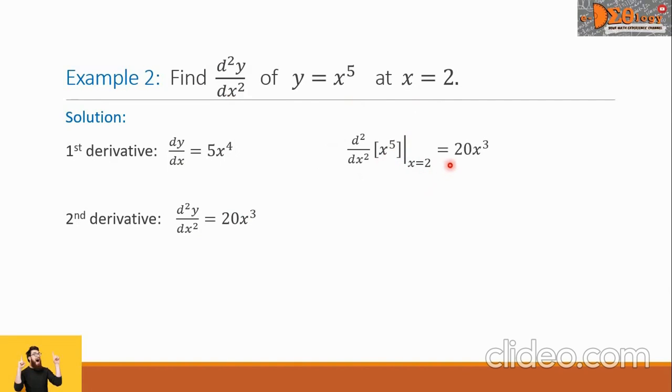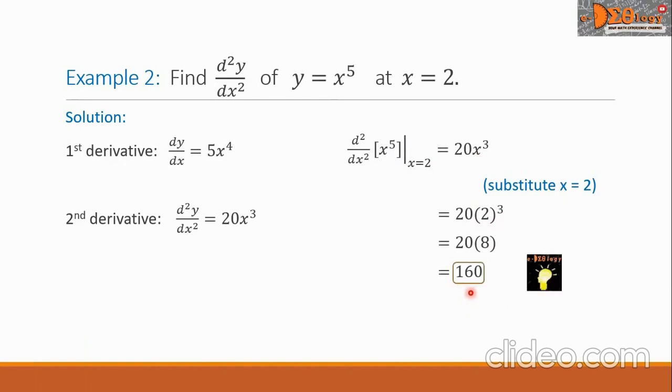So this is equal to the second derivative value, 20x cubed. Now, let us substitute the value of x equals 2. So we have 20 times 2 raised to 3. And this 2 cubed will give us 8. And 8 times 20 is 160. This is our final answer.